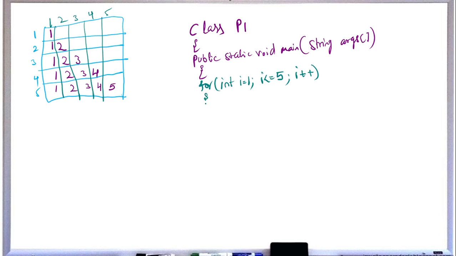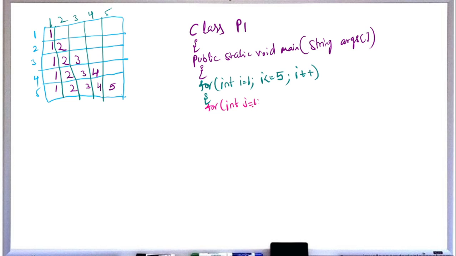Once this is over, next you need to write a for loop for the columns, because one loop iterates the rows and another loop the columns. So now we are writing for the columns: for int j equal to 1.